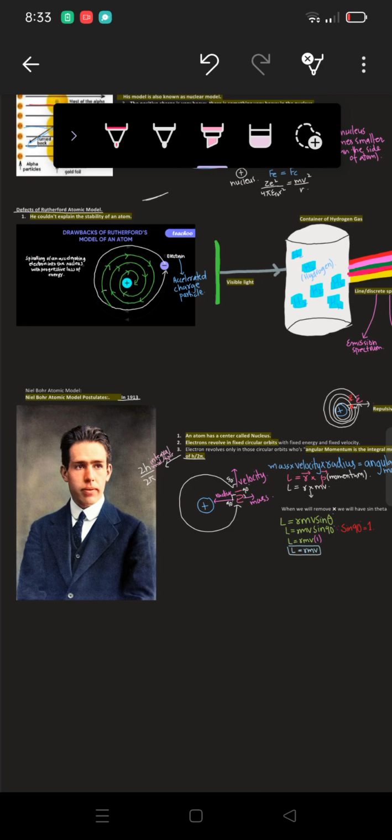The electrons will only revolve in those orbits whose angular momentum, meaning MVR, is equal to an integral multiple of h by 2 pi, either 2h by 2 pi, or 3h by 2 pi, 4h by 2 pi, 5h by 2 pi, but it must be an integral multiple, not a fractional multiple.